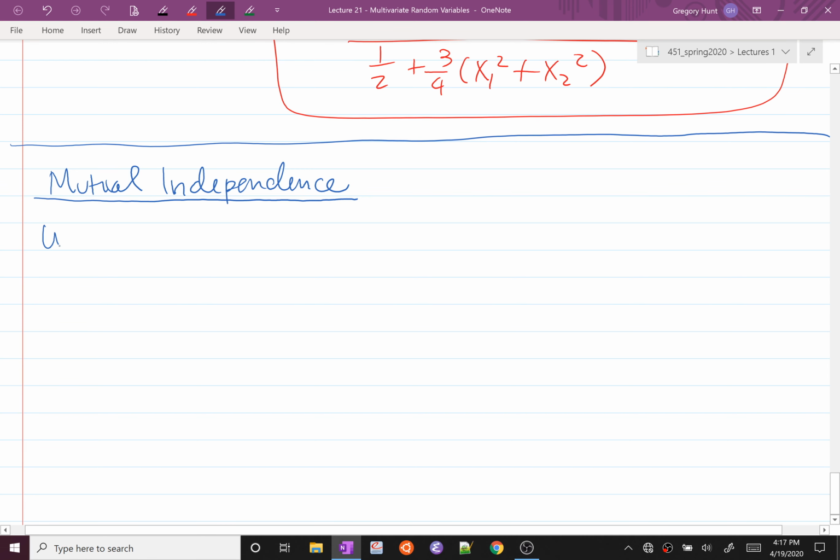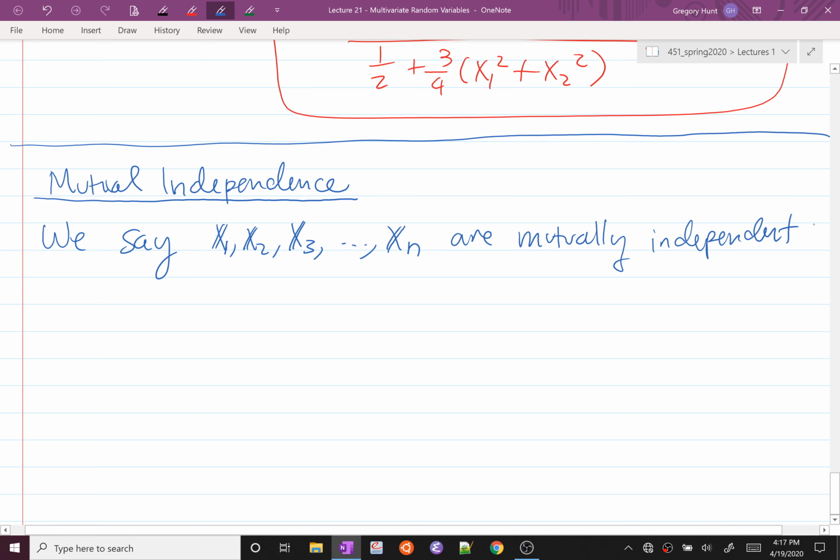So we say that our collection x1, x2, x3, all the way up to x sub n, are mutually independent. And we typically drop the word mutually, but you can think about it for now if you want. They're independent of each other.